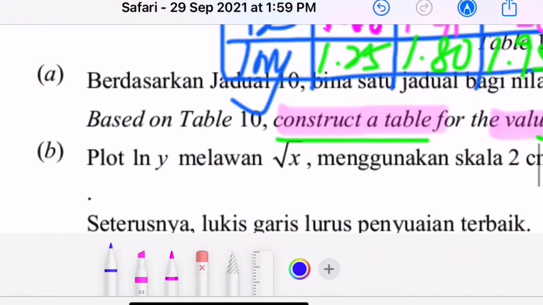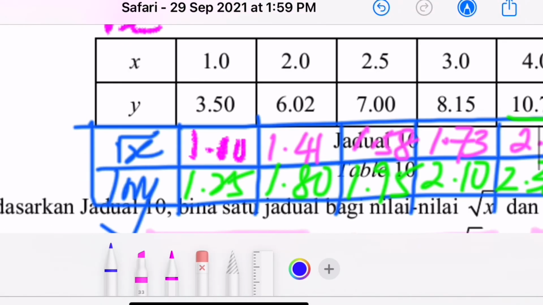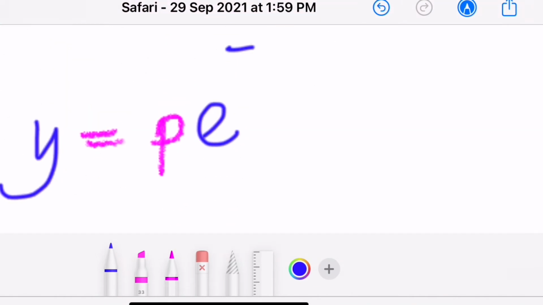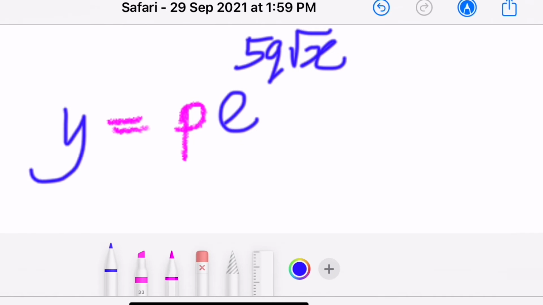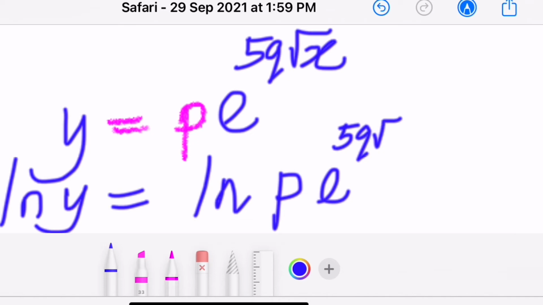Okay, let's copy down 5q square root x, this is the power. So, first of all, because we have ln y, we take ln. Ln means log with the base e.